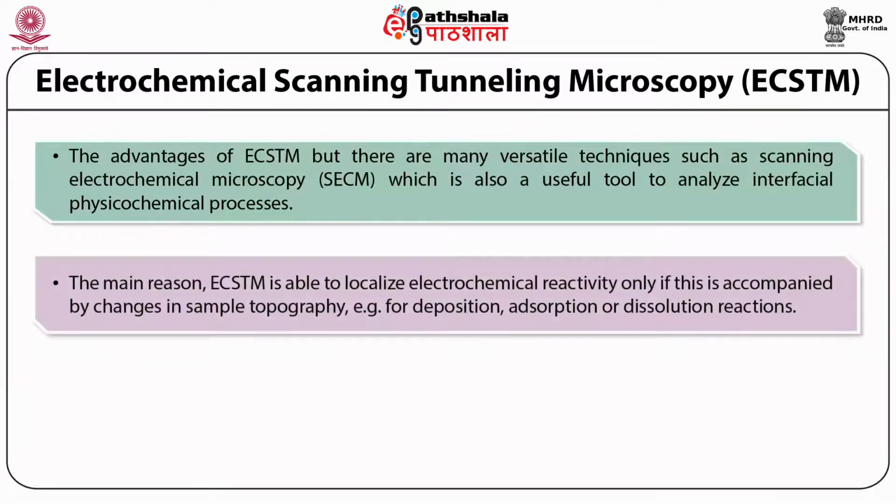The main reason for using ECSTM is to enable it to localize electrochemical reactivity areas only if this is accompanied by changes in sample topography, for example, for deposition, adsorption, or dissolution reactions.